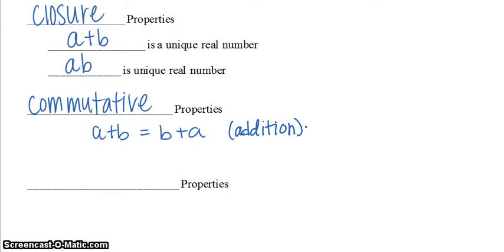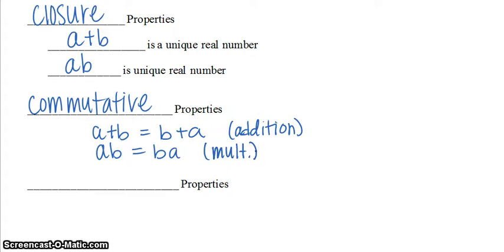Okay. And then you also have A times B, because you have that imaginary multiplication. It's the same as B times A. So 3 times 2 is the same as 2 times 3. So that's the multiplication one. Okay, so you have the commutative property for addition and commutative property for multiplication.